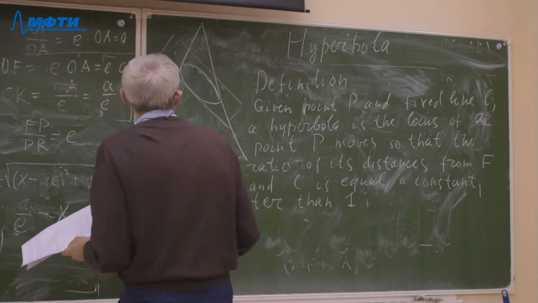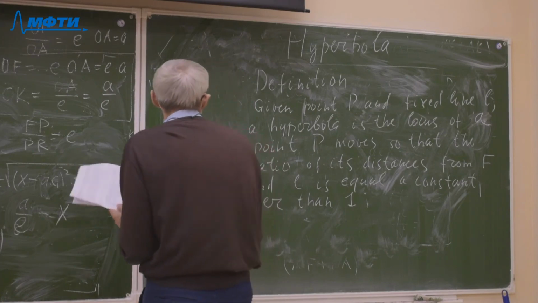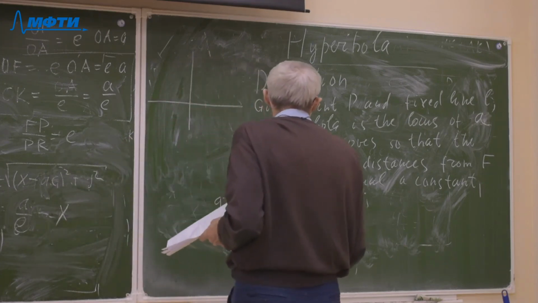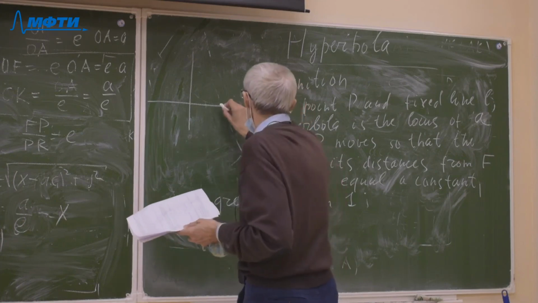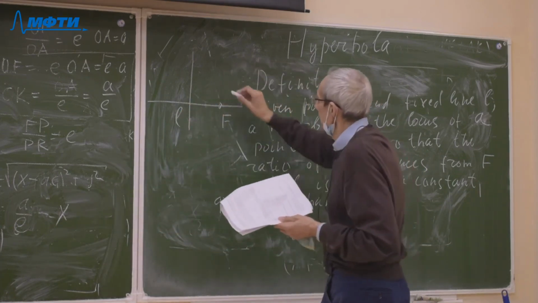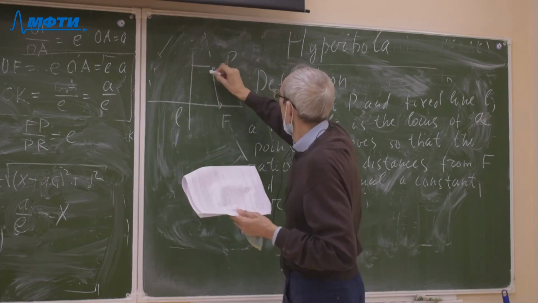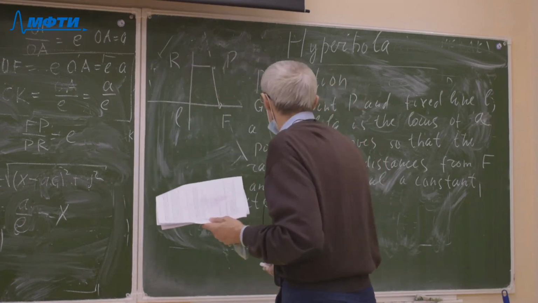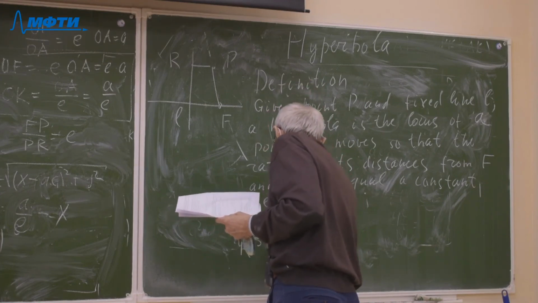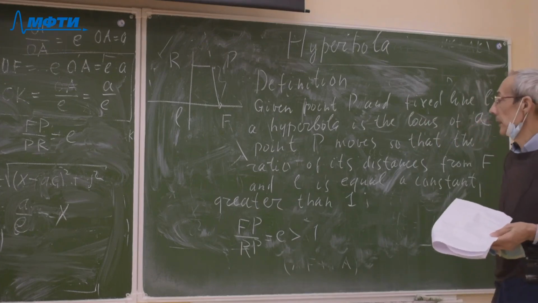We have the same picture as above, but in our picture the distance between point F and the line, and the ratio of distance FP to RP is equal to some constant E which is greater than 1.